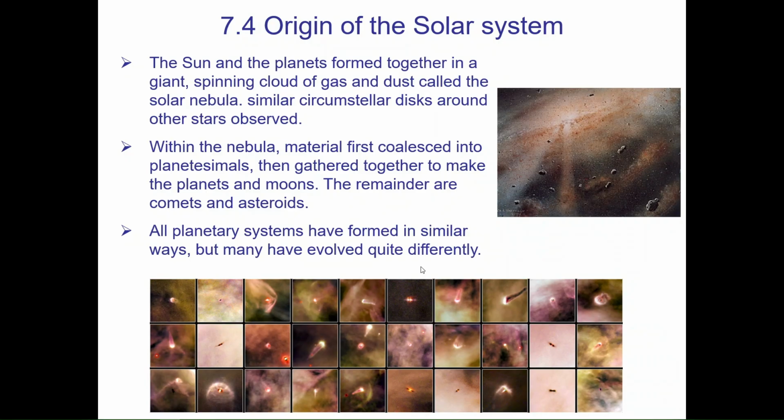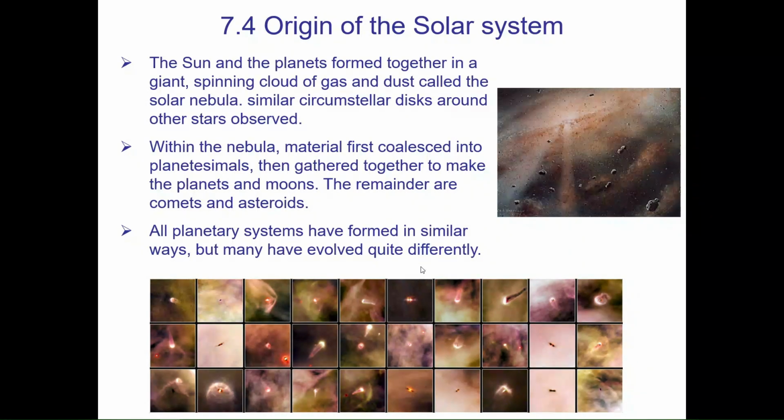That is all I want to talk about for Chapter 7. In Chapter 7, we first overviewed the members of the solar system. We talked about the major planets, the dwarf planets, and the asteroids and comets. We also talked about the differences between them, how we get measurements of them, as well as their composition and structure.